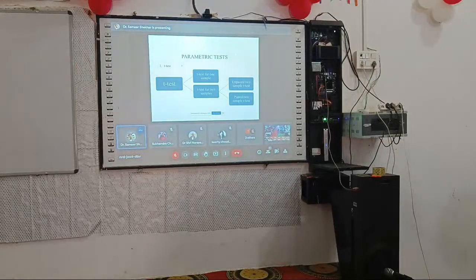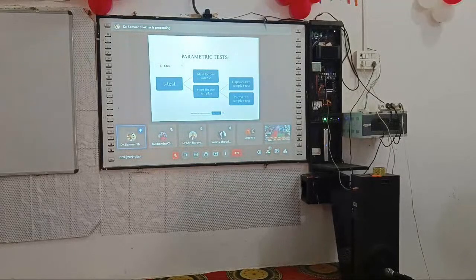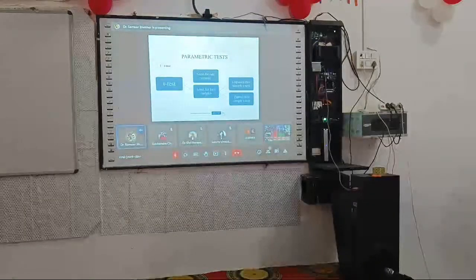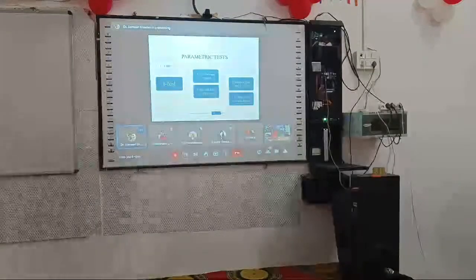All those assumptions are met while drawing a sample from a large population, and the sample size should not exceed 30, right? And the one sample t-test and two sample t-test can be utilized. The two sample t-test is further divided into paired t-test and unpaired two sample t-test.